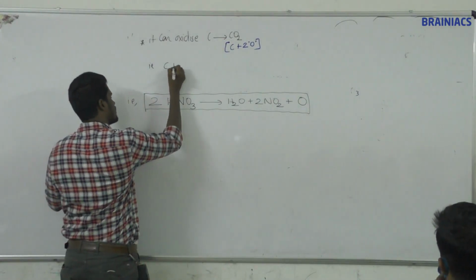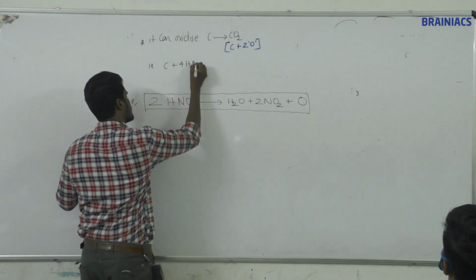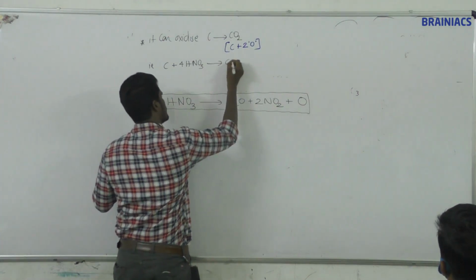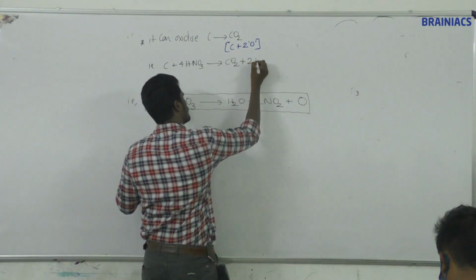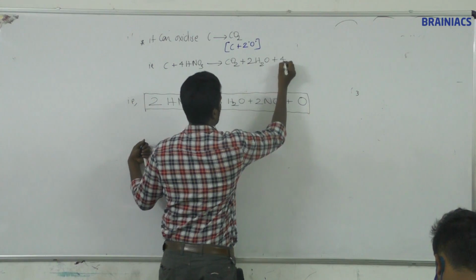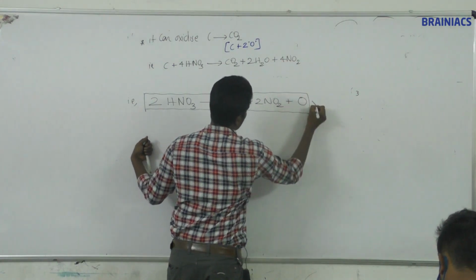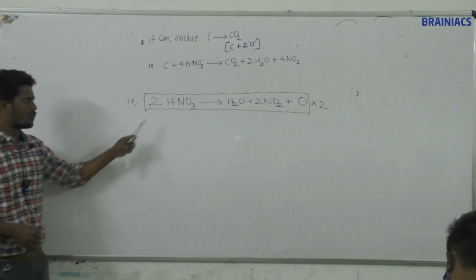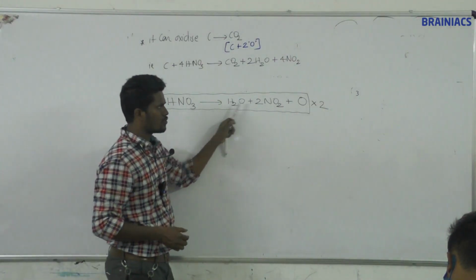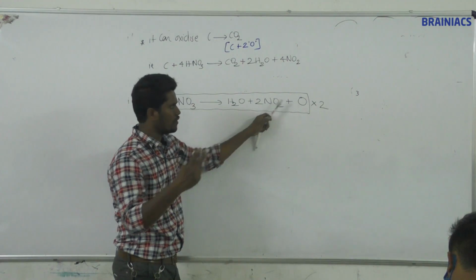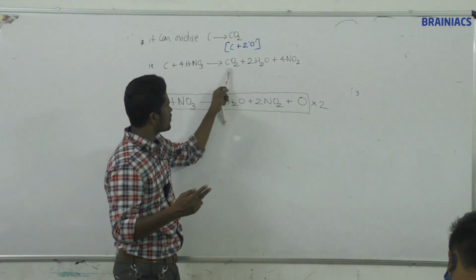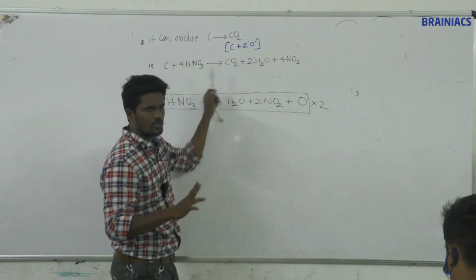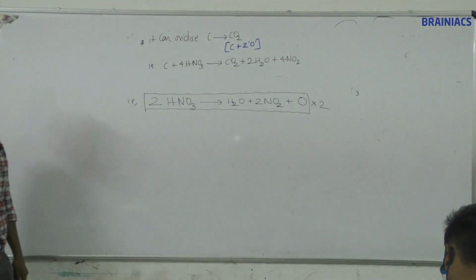That is C plus 4 HNO3 gives 4 NO2. That means this reaction is multiplied by 2. So 4 HNO3 gives 2 H2O and 4 NO2 with 2 monoxygen. So these 2 monoxygen combine with 1 carbon to give CO2.